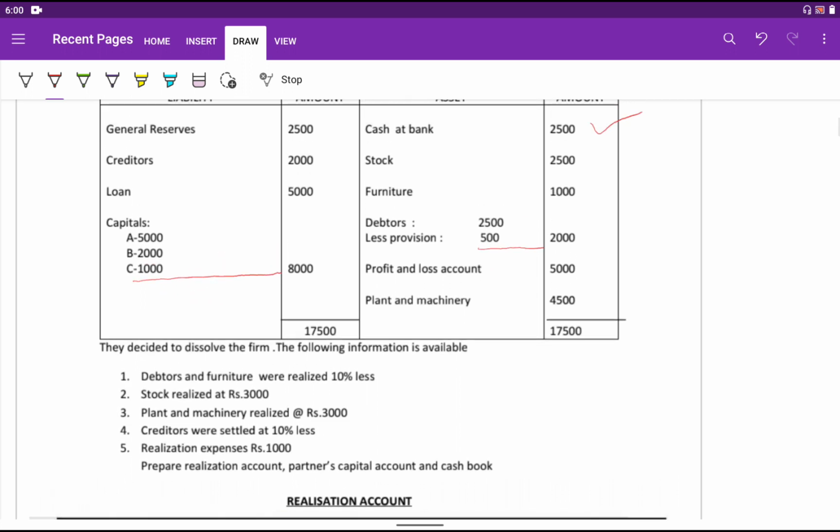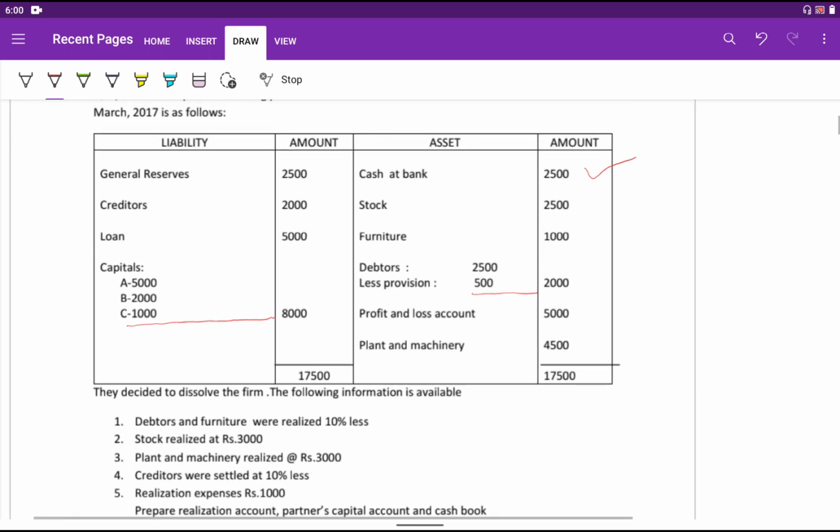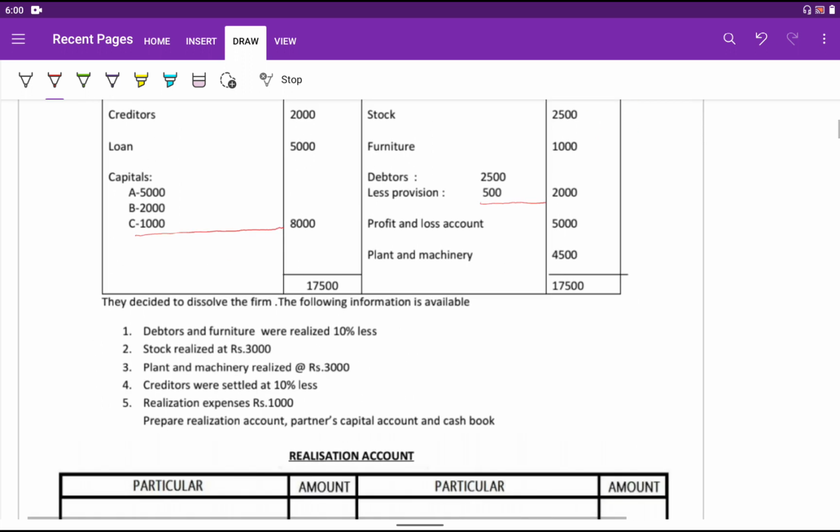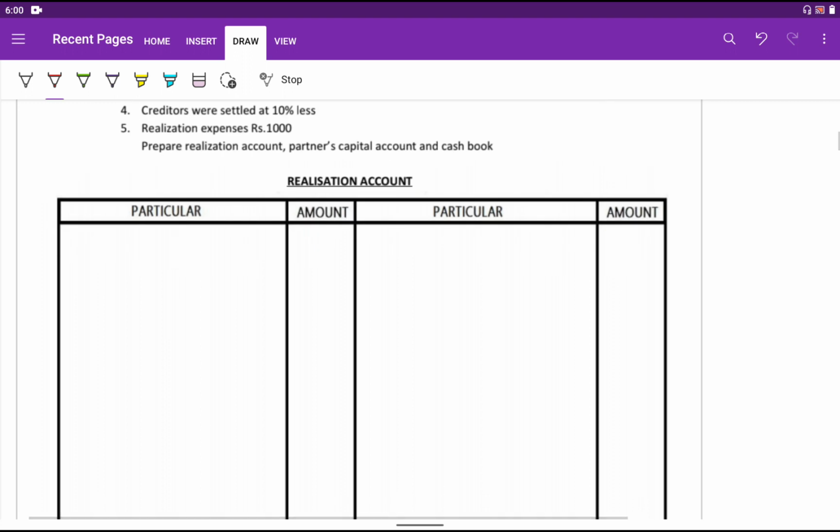Okay, so except these three things, what is coming on the asset side of the balance sheet? Stock is there, furniture is there, plant and machinery is there. Profit and loss is an accumulated profit and loss, so we don't write it. Whatever is coming on the asset side, we will write on the debit side of realization account.